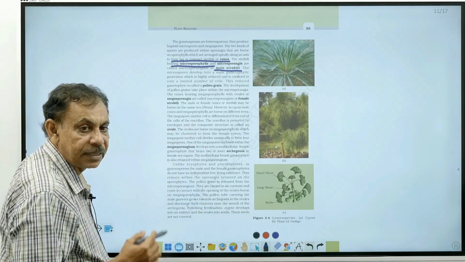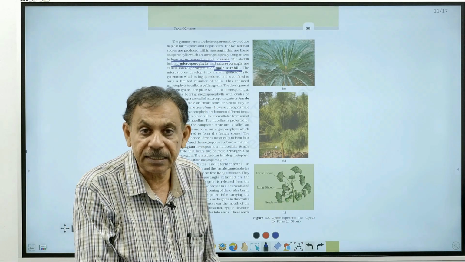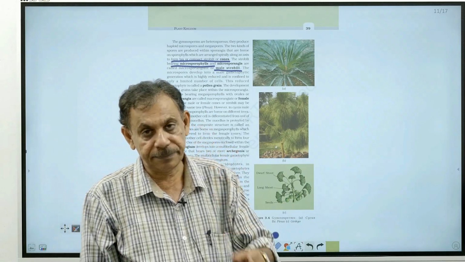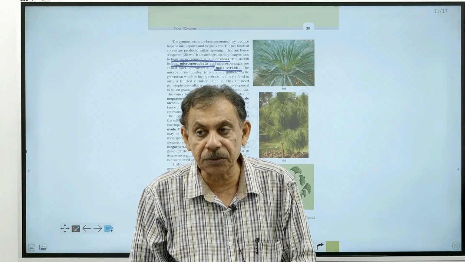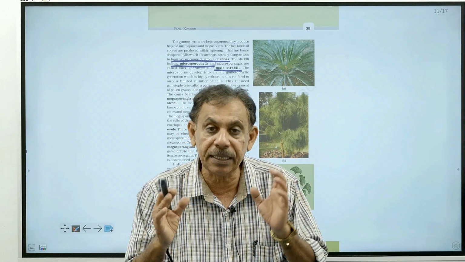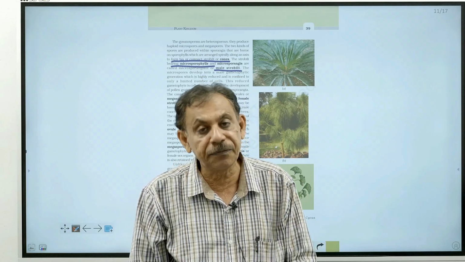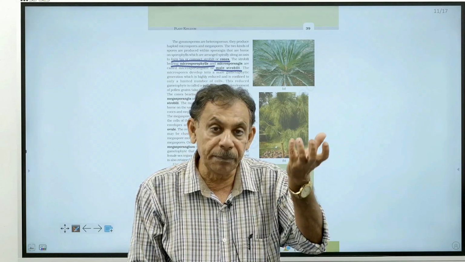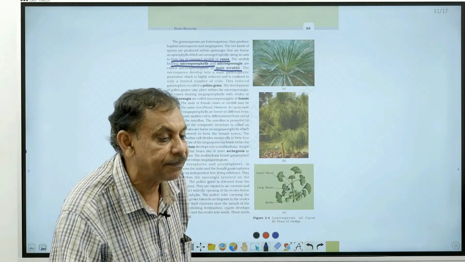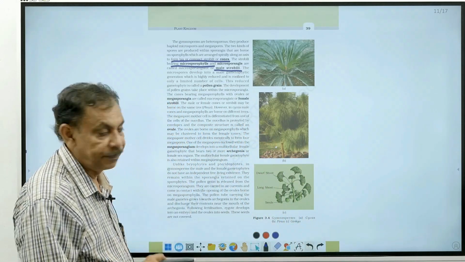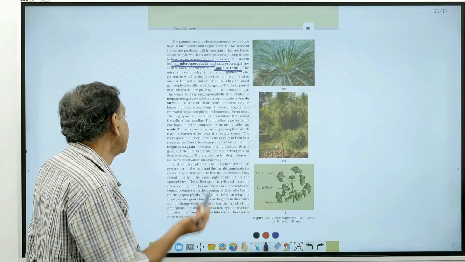In case of Cycas, Cycas is dioecious. What is the meaning of dioecious? Male and female sex organs are present on different plants. So in Cycas, you find a male cone-bearing plant, that is a male plant, and a female cone-bearing plant. That is the importance of Cycas.